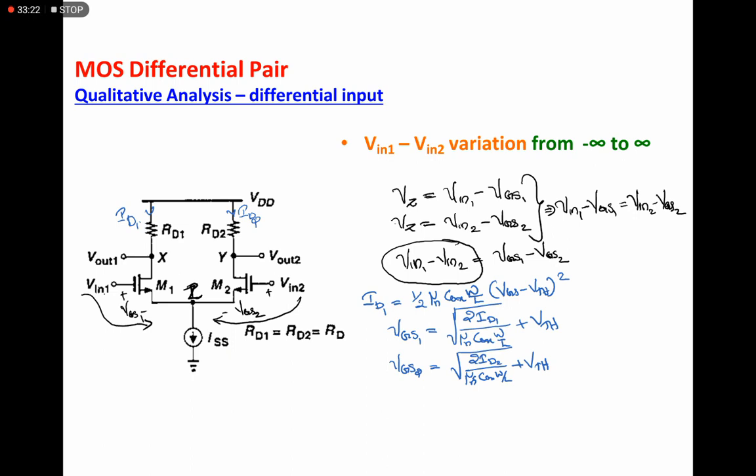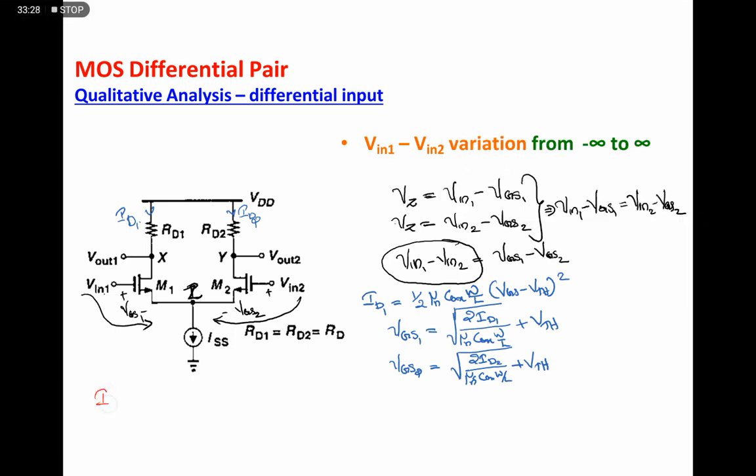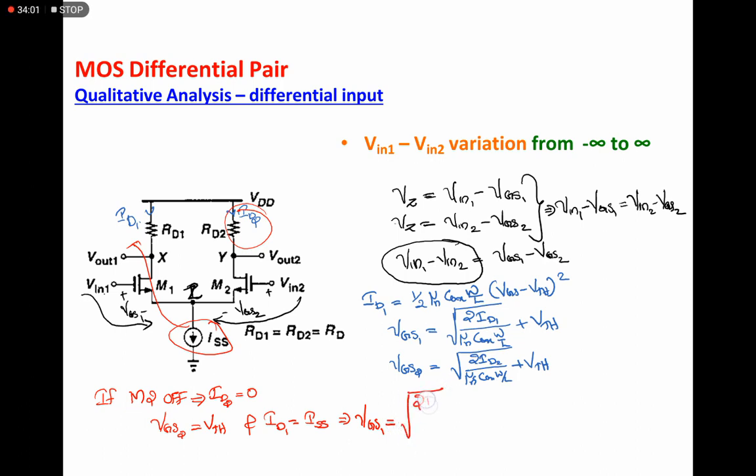So under the condition of one transistor off, if M2 is off, it means ID2 equals 0, the value of VGS2 is nothing but VTH, and the value of ID1 becomes ISS, because if this one is off, the entire current ISS will flow through M1. We will get VGS1 equal to root of 2 ISS by mu n COX W by L plus VTH.